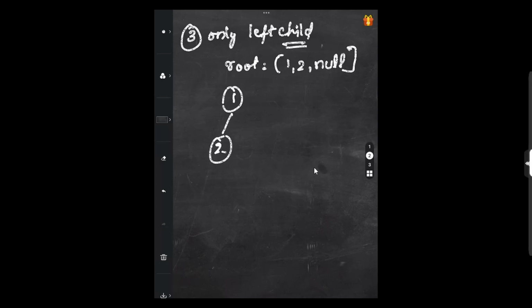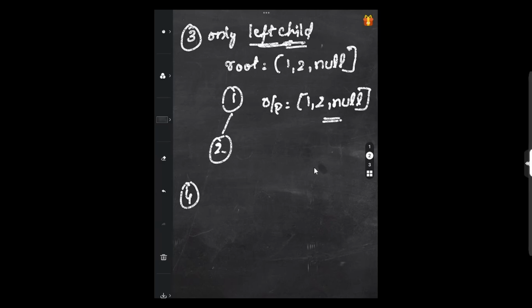So we are considering only the left child, right? We have the left child with the value 2 for that particular node. The input will be 1, 2, null, so the output will be the same thing. Output will be same as input, right? This is for the left child.